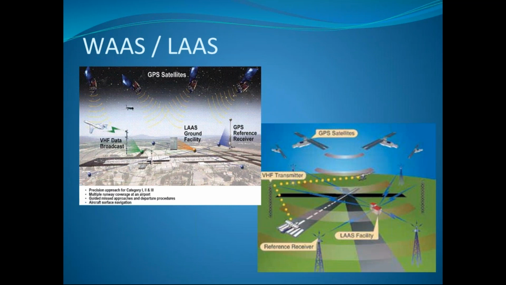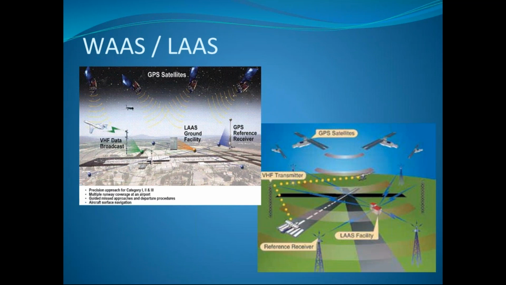This is where we start seeing those centimeters come into play, when we're using these WAAS and LAAS satellites. As you can see on this picture on the left, it will give us a precision approach for category 1, 2, and 3 approaches.